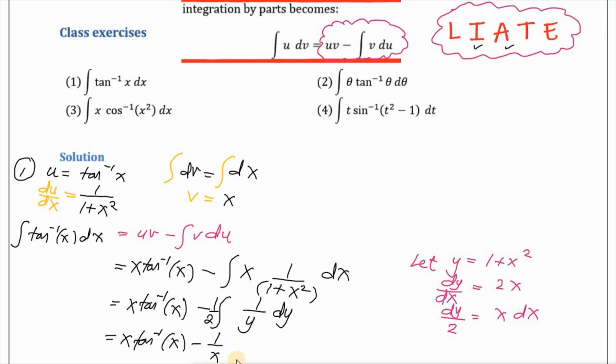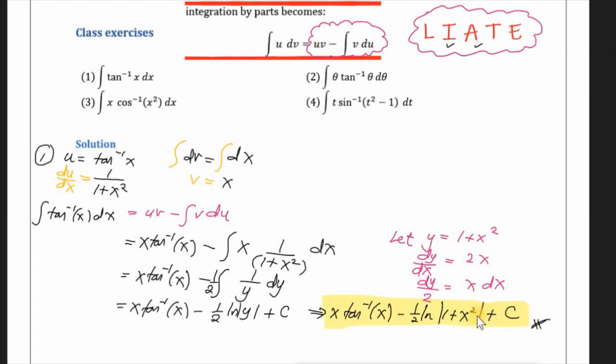The integral of 1 on y, with the 1 on 2 in front, is ln y, and plus c. Replace back your y in terms of x. So that is our answer for question number 1. Okay, it's fun, right?